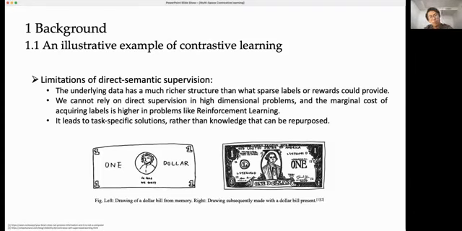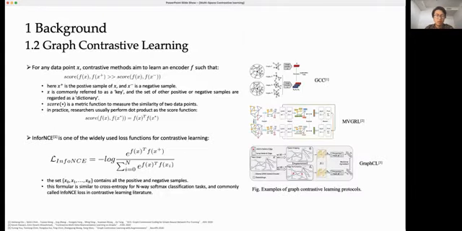Similarly, can we build representation learning algorithms that don't concentrate on pixel-level details and only encode high-level features sufficient to distinguish different objects? The answer is yes, and this is the core idea of contrastive learning. For any data point X, contrastive learning methods aim to learn an encoder such that the data point X is similar to the positive sample and different from the negative sample.